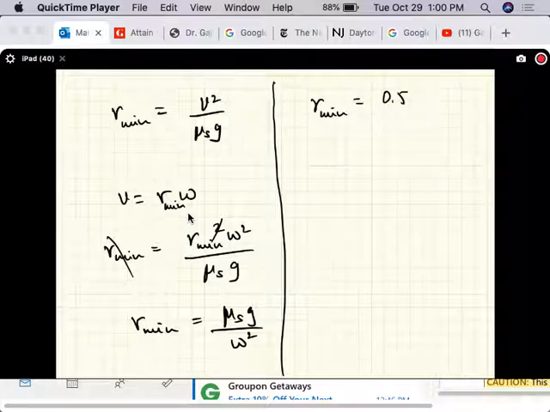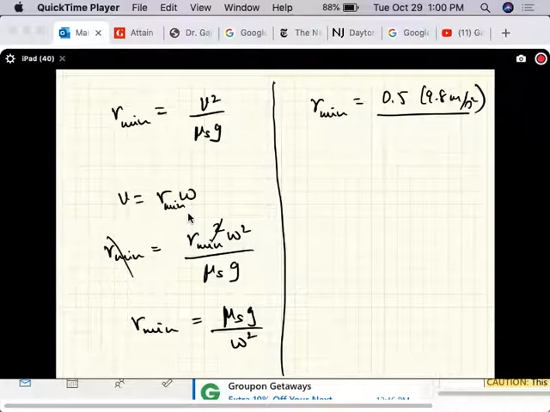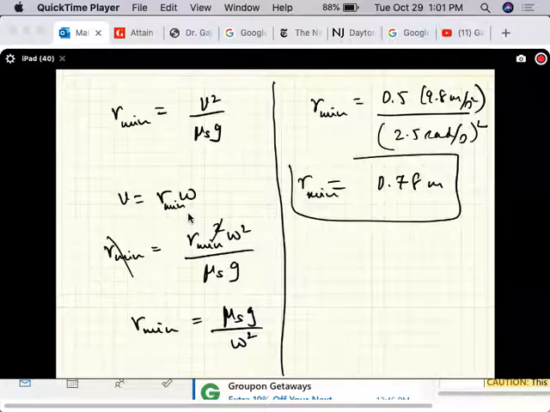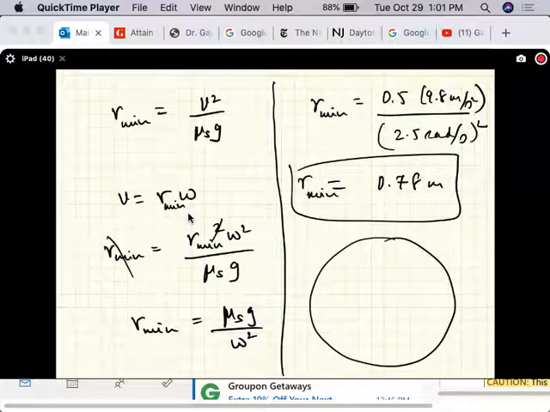Mu s is 0.5, g is 9.8 meters per second square. Okay. And so this works out to... okay, so let's draw a circle.